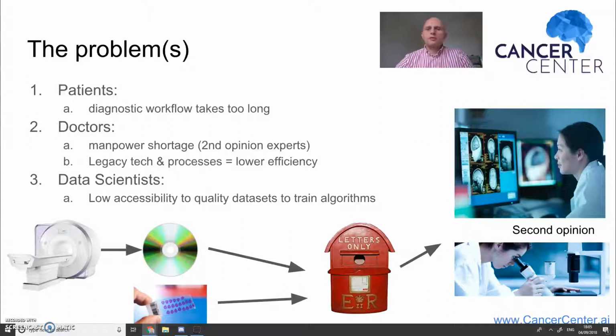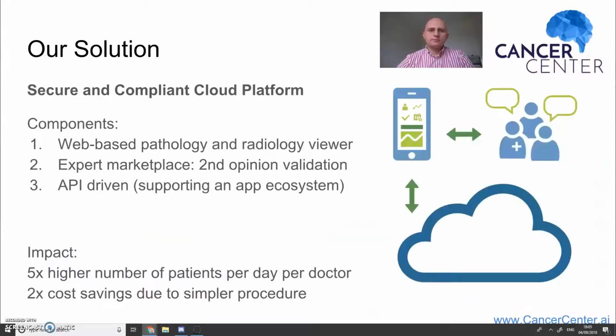Also, the process relies on an inefficient, disjointed set of legacy technologies. From data scientists' and innovators' perspective, it's hard to obtain up-to-date, high-quality datasets needed to train and improve algorithms. An ideal solution would be a diagnostic process that is fast, cheap, and more accurate.